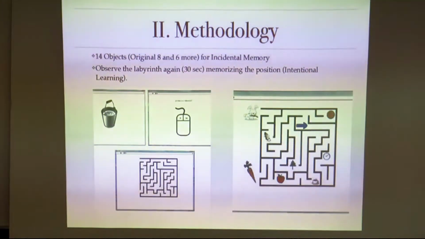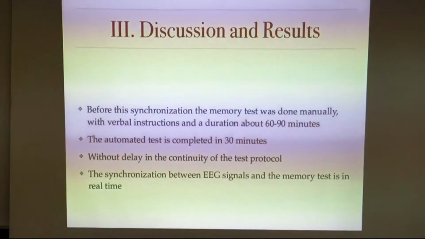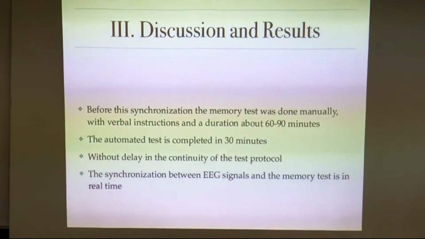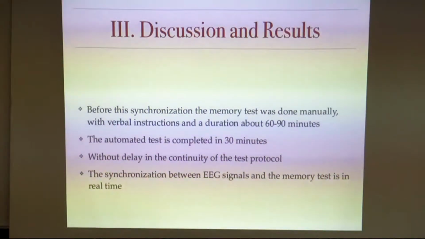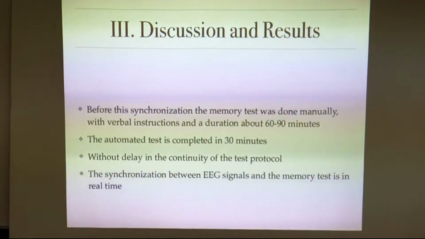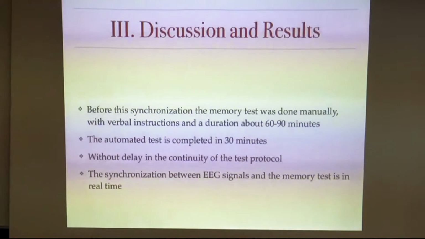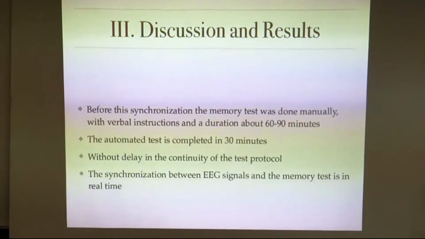When the patient finishes this task, the test is over, and we have some observations over here. Before this synchronization, the same memory test, the cognitive test, was carried out in about 60 or 90 minutes because the examiner had to write the patient's answers manually.